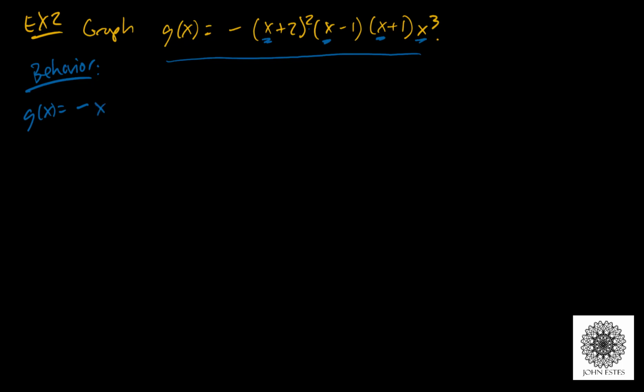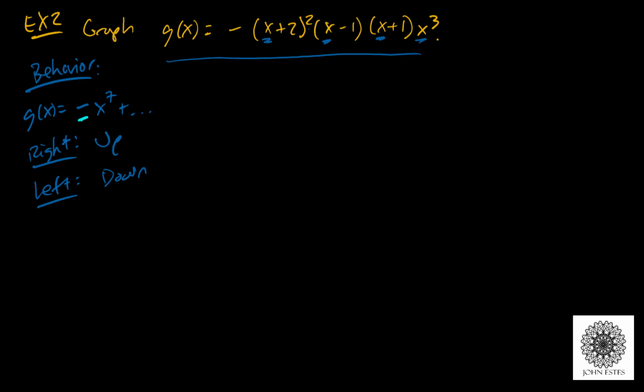I'm going to end up with an x to the 7th plus some other stuff that for this part doesn't really matter. We have g of x equals negative x to the 7th plus, that's all we needed to know.